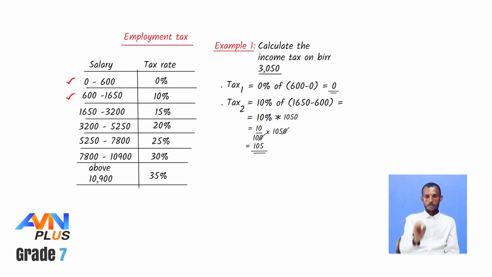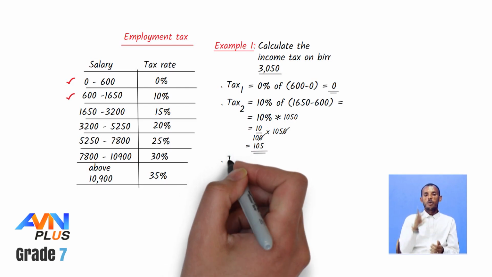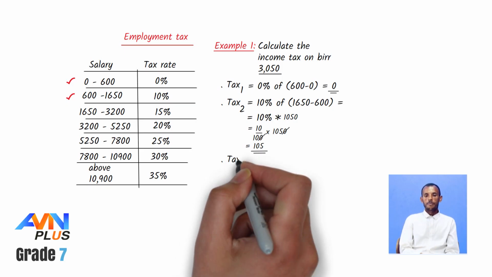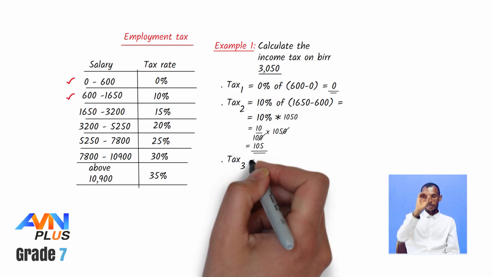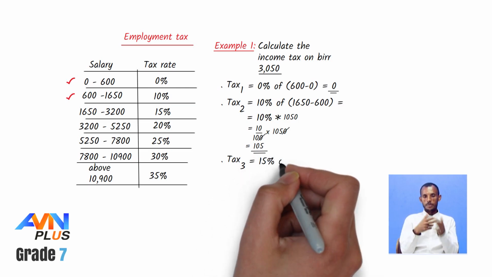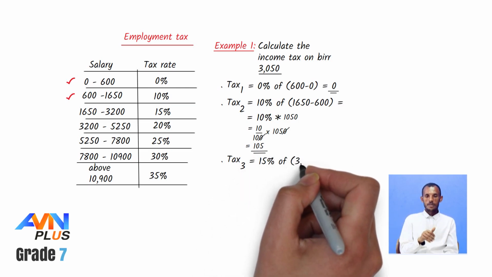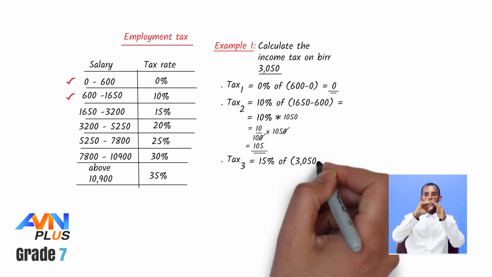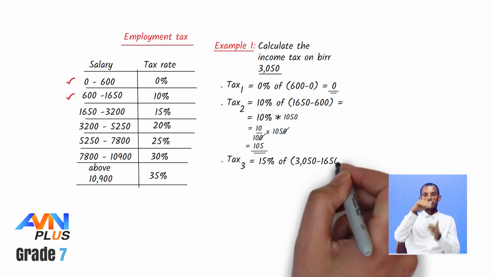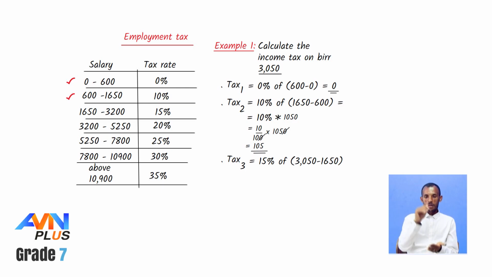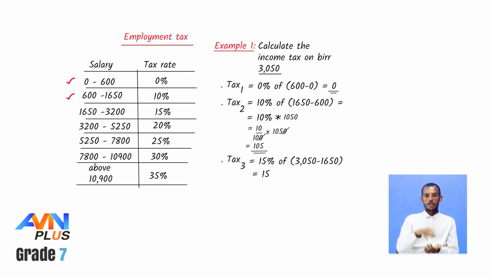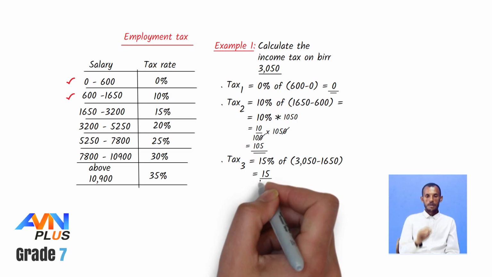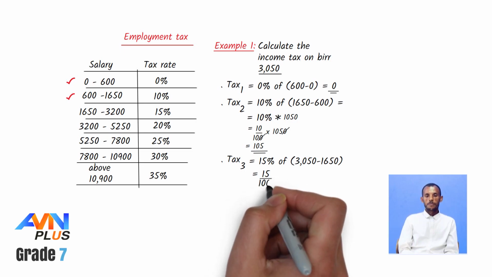Therefore, the tax rate will be 15% of 3,050 minus 1,650, the income found in this interval. So this will be equal to this.